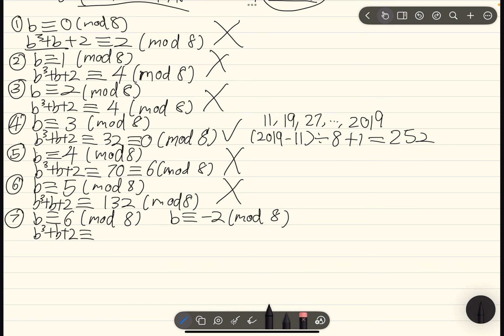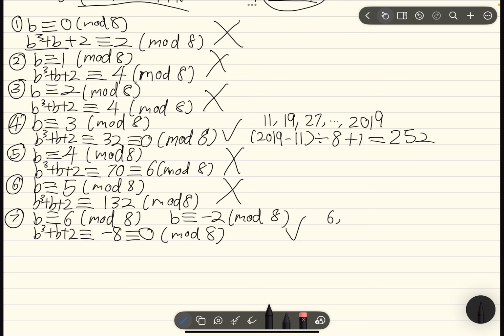Plug -2 in: -2 to the power of 3 is -8, which is congruent to 0 mod 8, so it works. How many numbers have a remainder of 6 when divided by 8 from 5 to 2024?